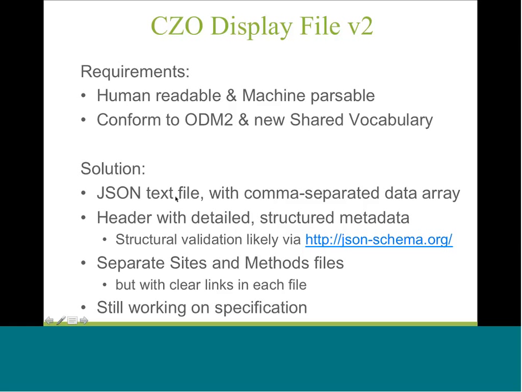By going with JSON or YAML, we can use tons of code that already exists that is really good at parsing without parsing errors, and also code for validating against vocabularies and against what is expected. We are okay with separate files, but we want clear links to the files, so we're really going to follow this linked file approach.